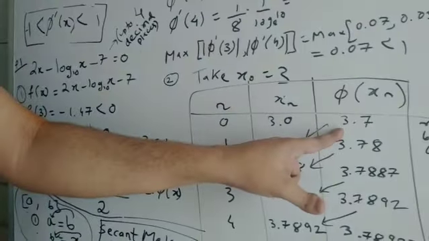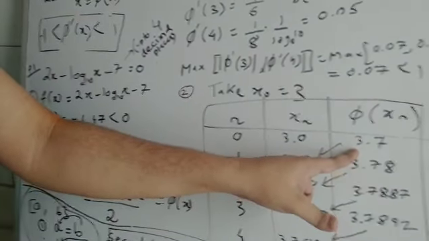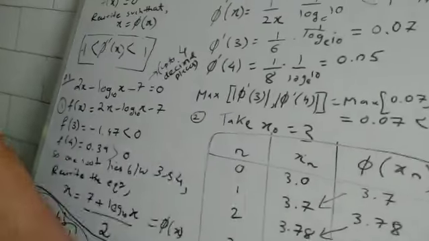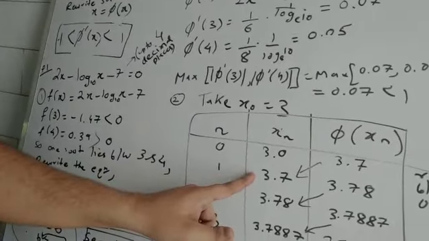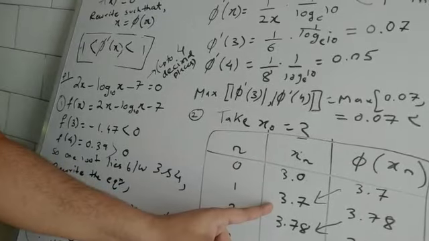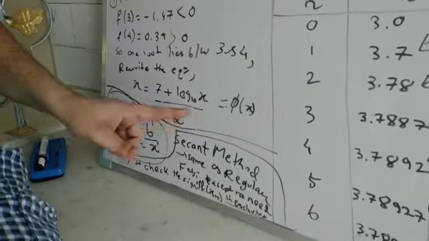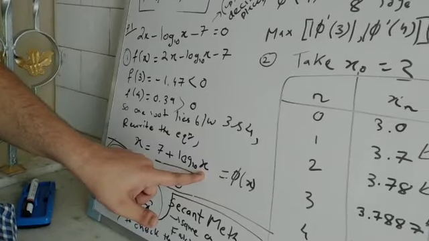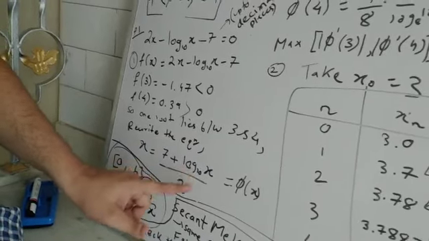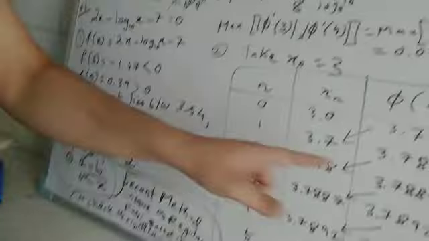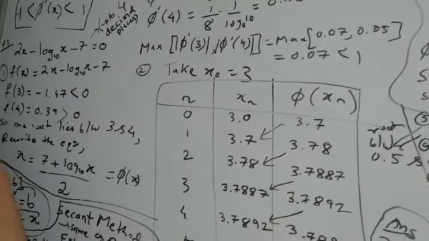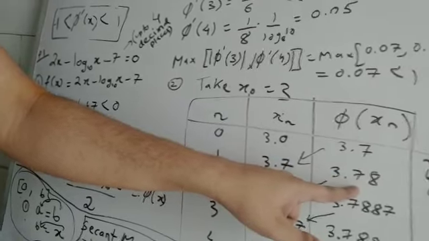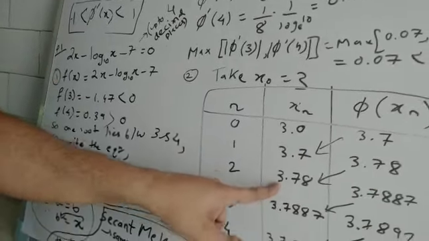This one will play its role as the new next value of x. Now my value is 3.7. So again find the value of phi x. So now my x value is 3.7, right? So 7 plus log 10 of 3.7 by 2. So what you will get? 3.78. Fine. The next step, this phi x value will be your x. Same process.